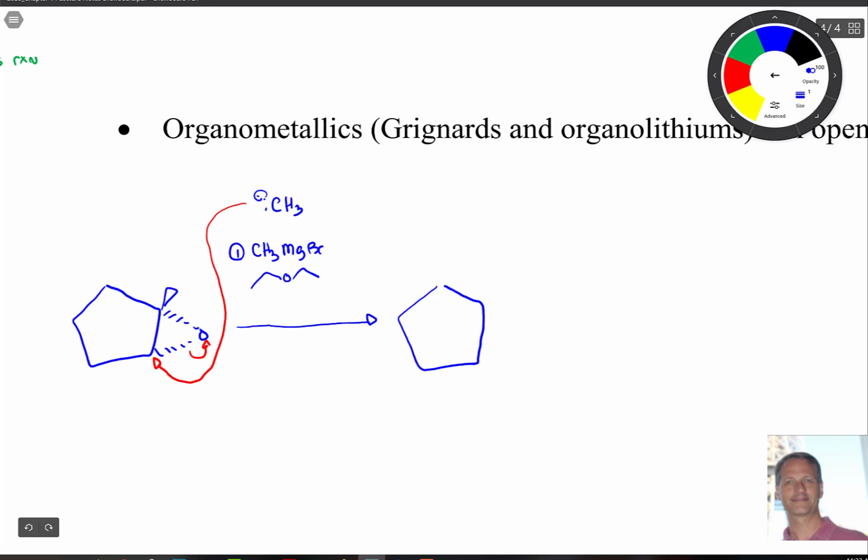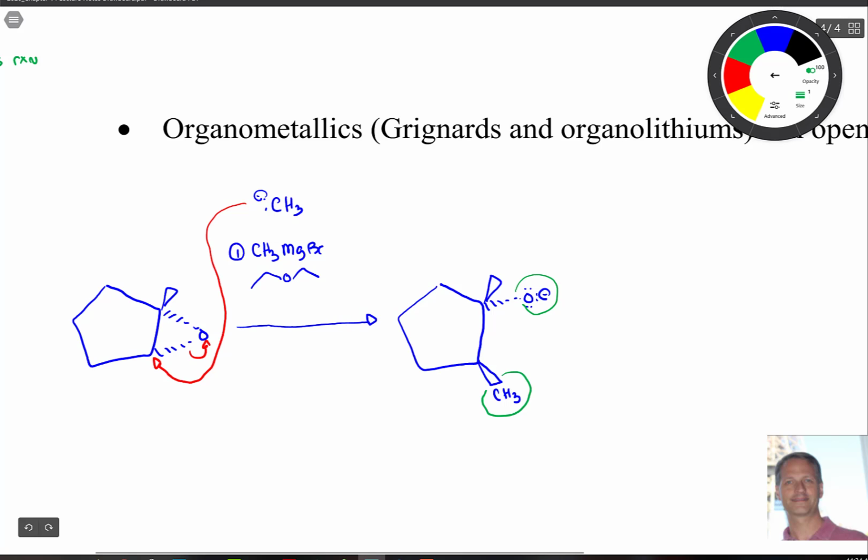So this reaction is important to point out because we're making a new carbon-carbon bond. Now remember that dash is still going to be where the oxygen lives. And then pointing out here is going to be our CH3. We know that's the case because when three-membered rings open, we always open them anti.